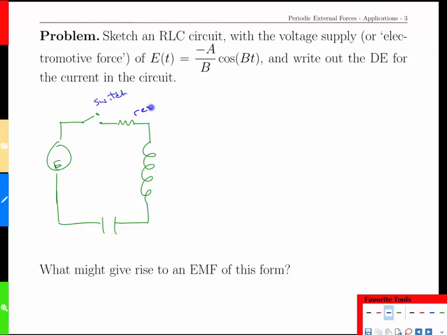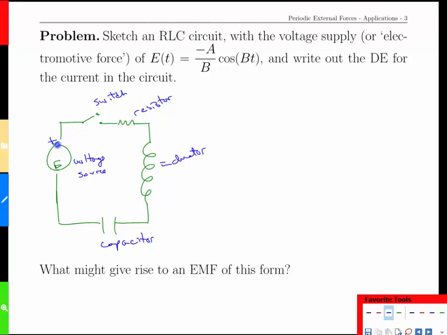We have a resistor here, and we have an inductor here. People might be less familiar with that. And we have a capacitor down here. This E here is the voltage source. So that's the electromotive force, or the voltage, that is going to come in here, and say that's the positive side of it in our diagram.